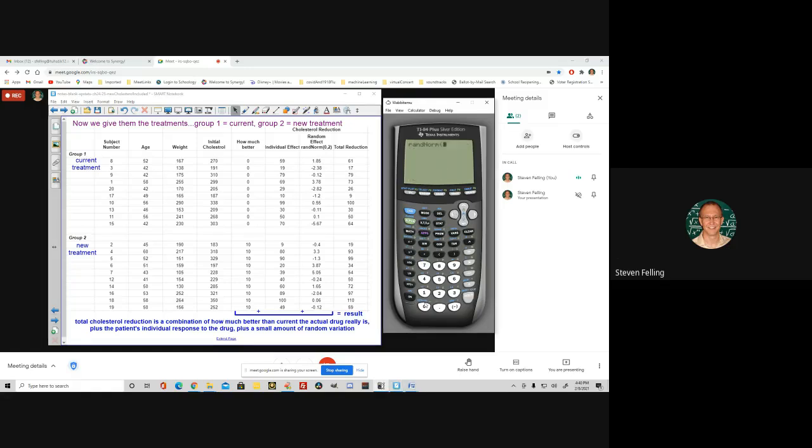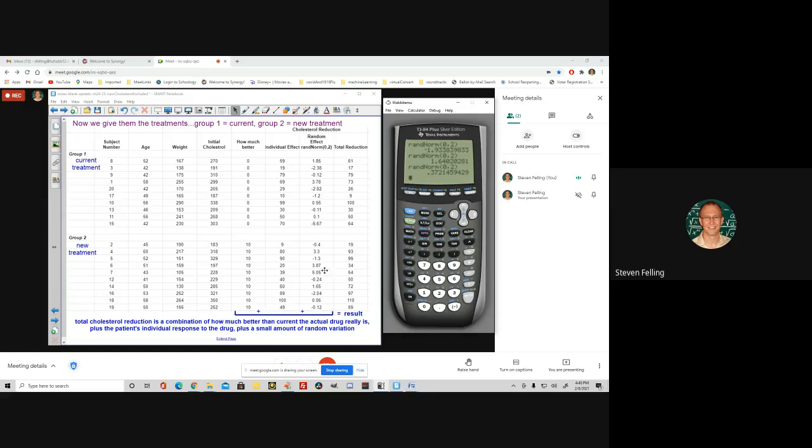And I took random normal 0, 2, which means let's put a little kind of noise into the analysis, right? Where we're going plus or minus some amount with a standard deviation of 2. So this patient happened to randomly get 1.9 points less than normal. The next patient maybe got plus 1.64 points and so on. So that's what this is.